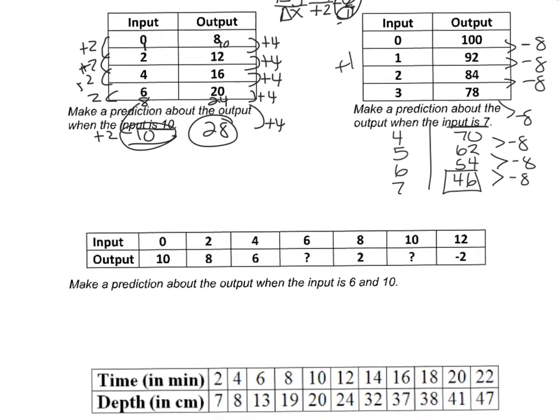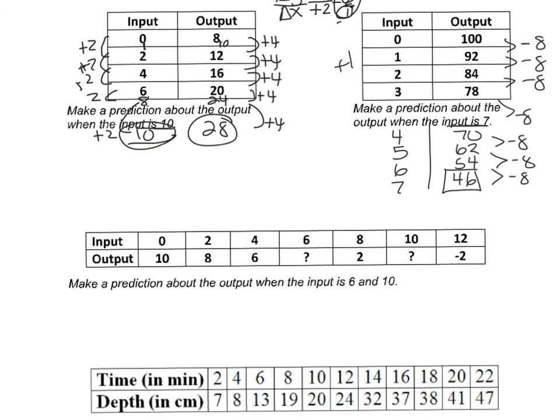All right, input, output, they gave us a horizontal table instead of a vertical table, but we're doing the same thing. Our input, which is your X, is increasing by 2 each time. And then my Y looks like we're decreasing by 2 here.